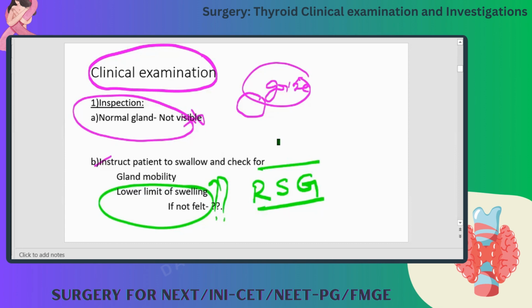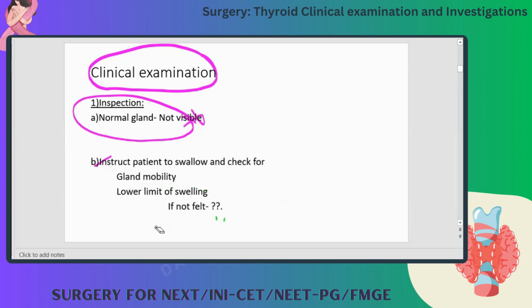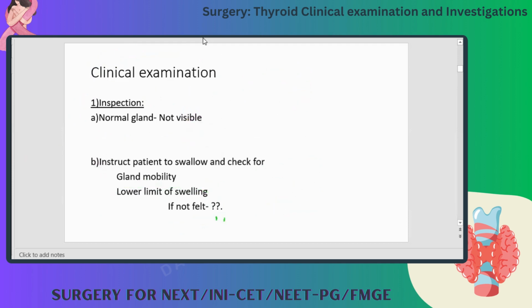So if you are not able to feel the lower limit of the thyroid, it has a retrosternal extension. Before we go there, what is the extent of a normal thyroid? This is the sternum, this is the sternocleidomastoid, the suprasternal notch, and this is the thyroid cartilage.